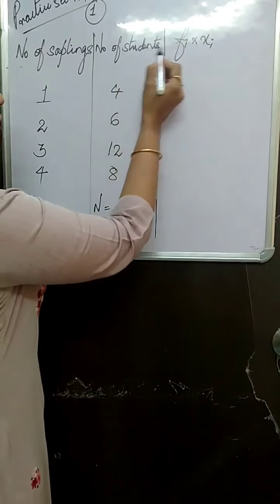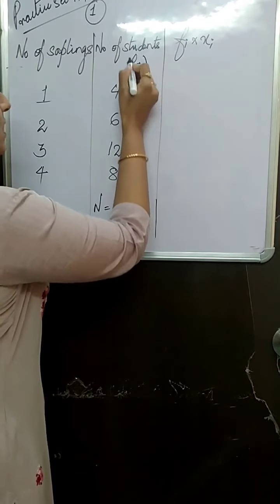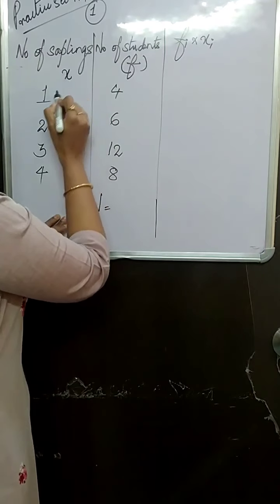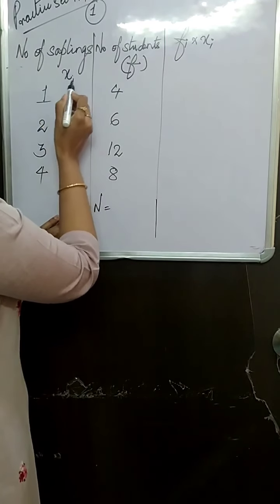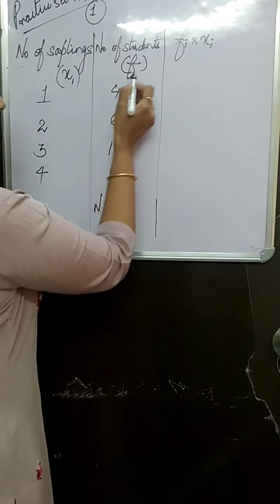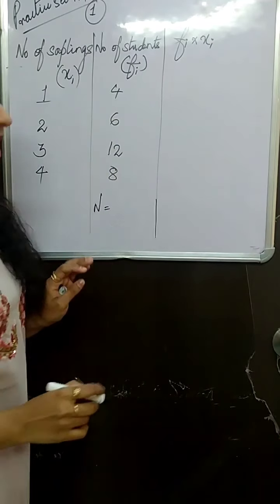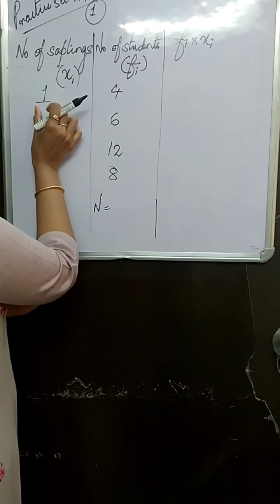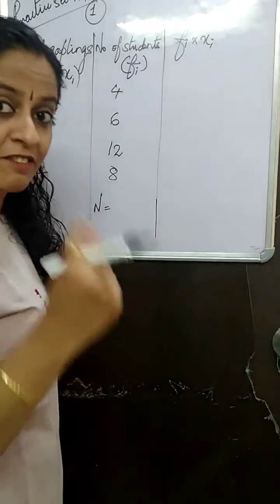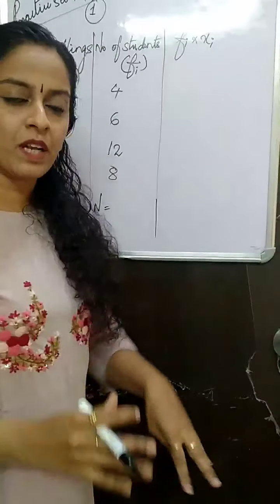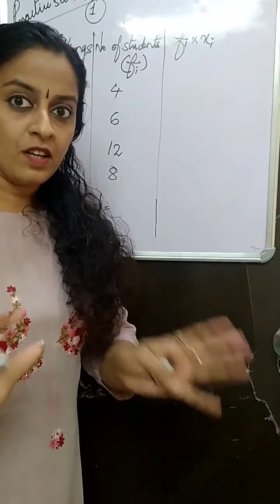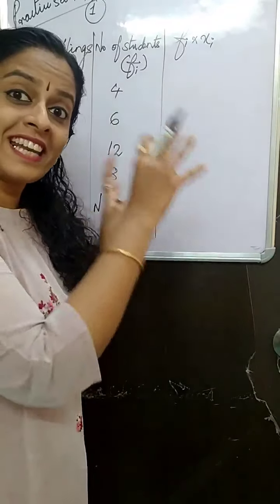The next is number of students. So this is frequency, and this is score. As we have more than 1, we write xi and this is fi. So one sapling, how will you read it? Read it with me. Don't just write the table and understand nothing. You should be able to read the table.